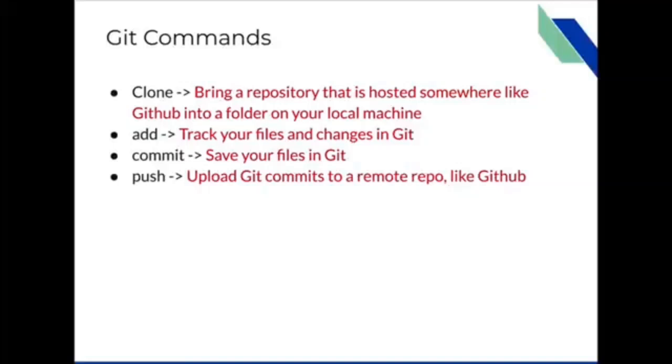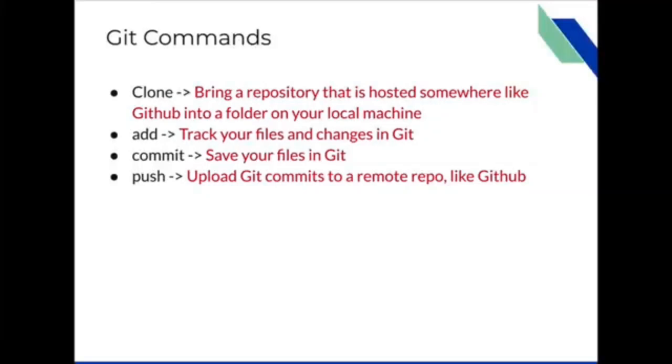Once you have made changes locally on your computer and you are ready to put them in Git, you tell Git to track them through the add command, you save your files to Git through the commit command, and then you upload your files to a place like GitHub or another what we call remote repository or GitHub alternative like Bitbucket, GitLab, and there's many of them.